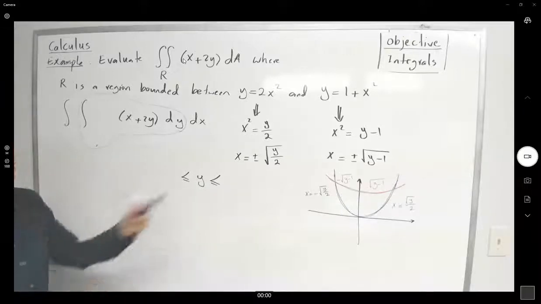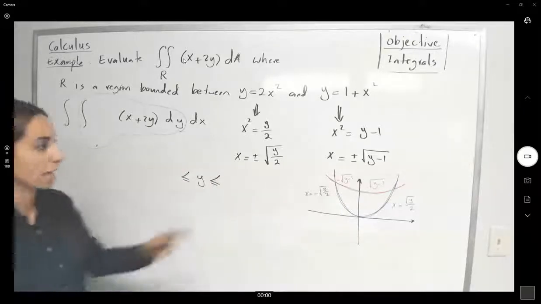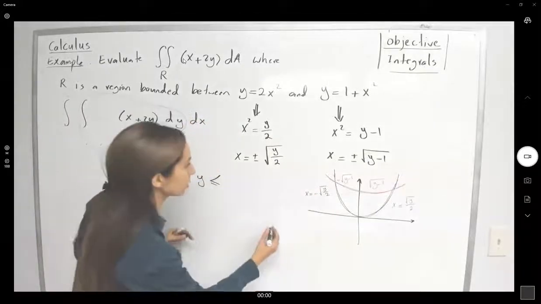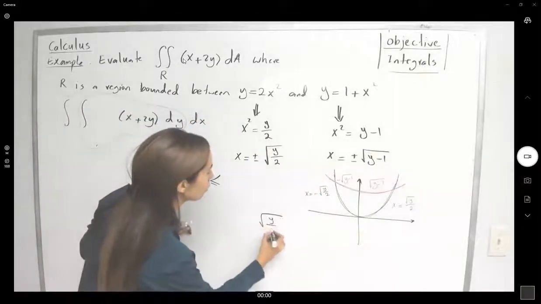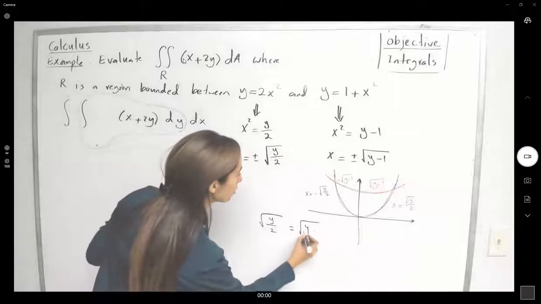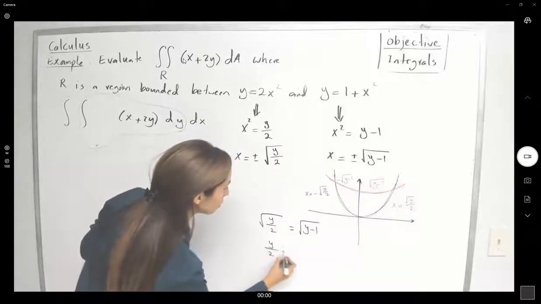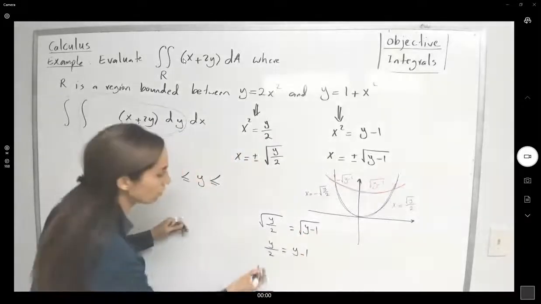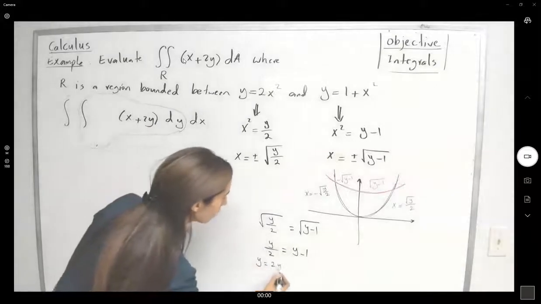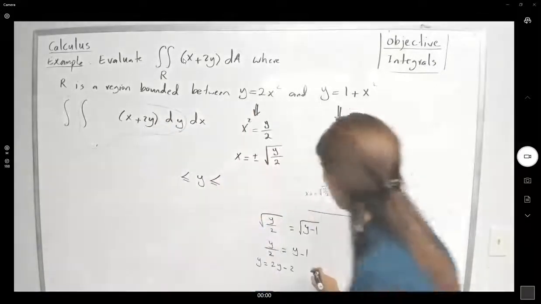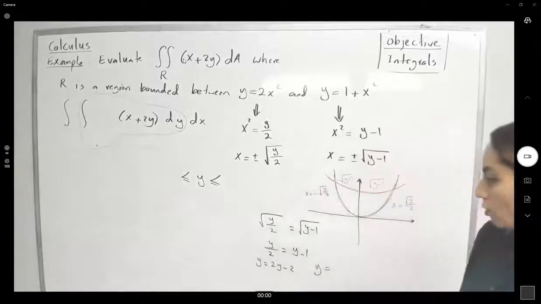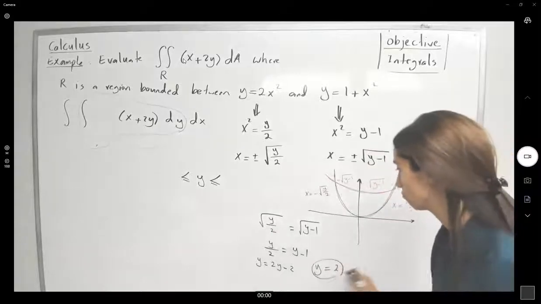So if you set these two equal to each other and solve for y, you get this: square root of y over 2 equals square root of y minus 1. So y over 2 is equal to y minus 1, or y is equal to 2y minus 2, or y is equal to 2. Okay.